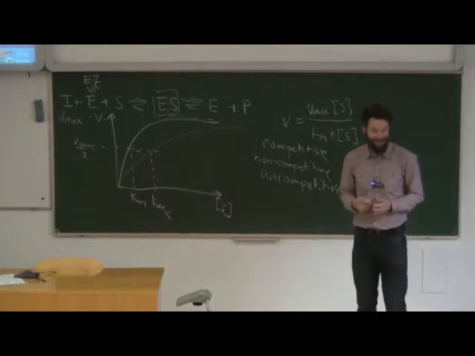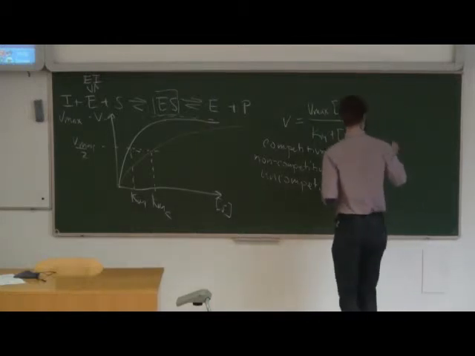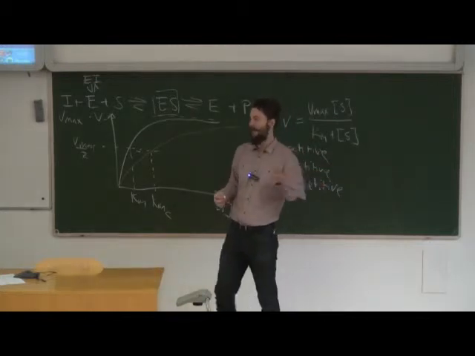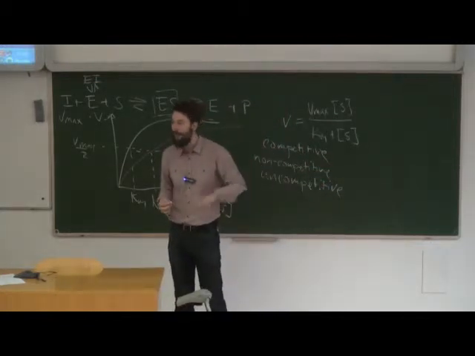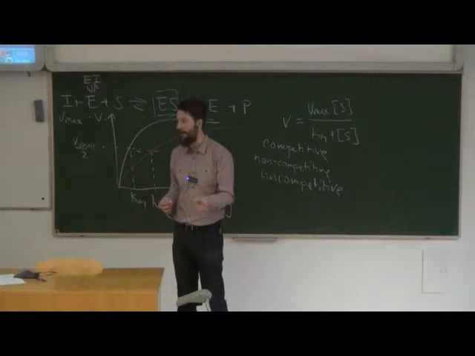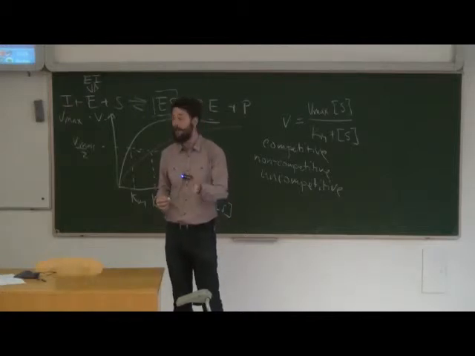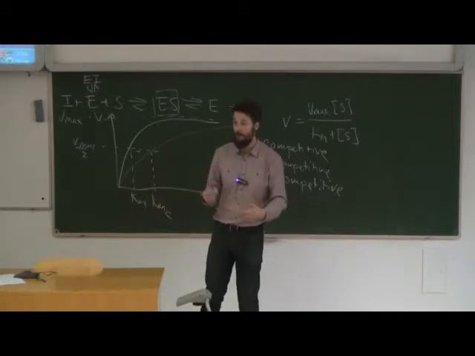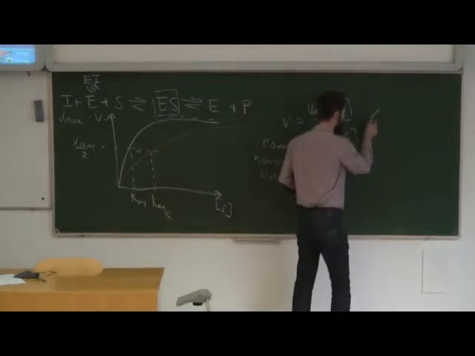It can. So the question was whether competitive inhibition can also be allosteric. Is it possible that there is a competitive inhibitor that binds to a different site, but at the same time competes with the substrate? Well, it can.